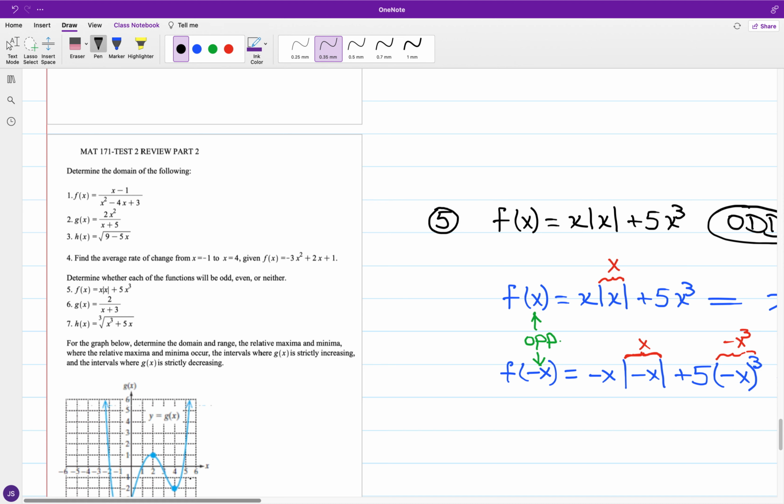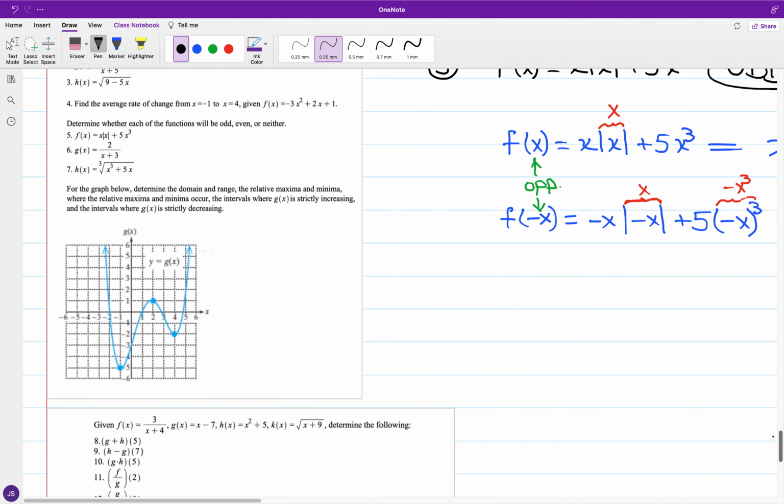Now for number 6, we have g of x is equal to 2 over x plus 3.